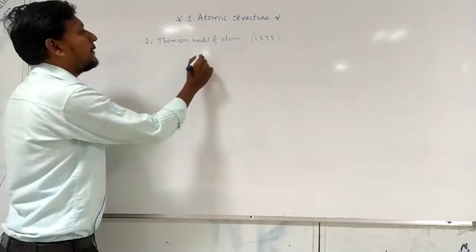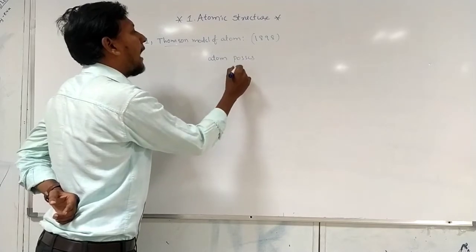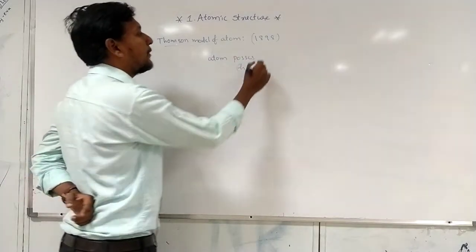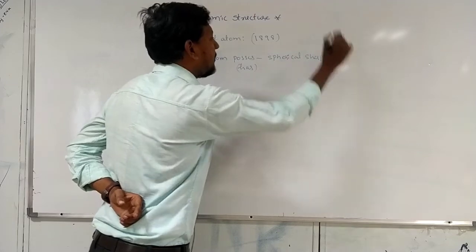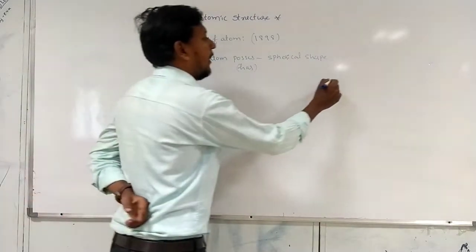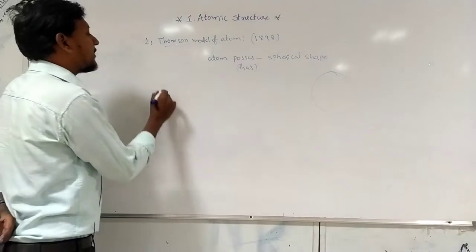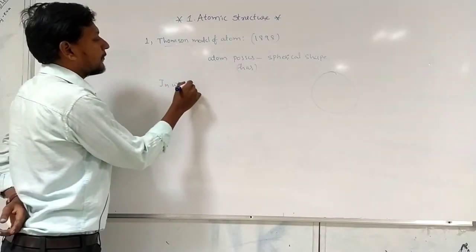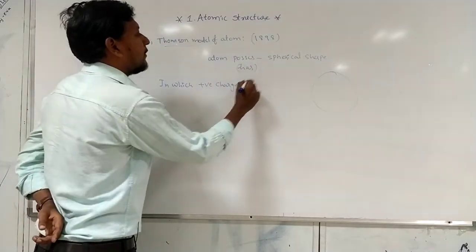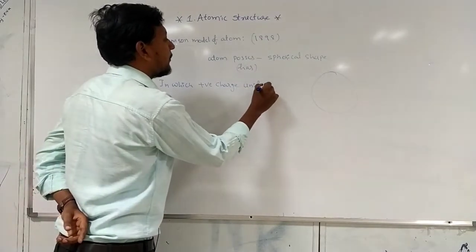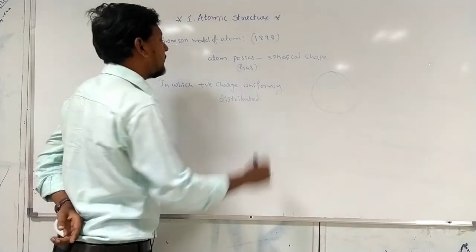He proposed that the atom possesses a spherical shape, in which the positive charge is uniformly distributed.